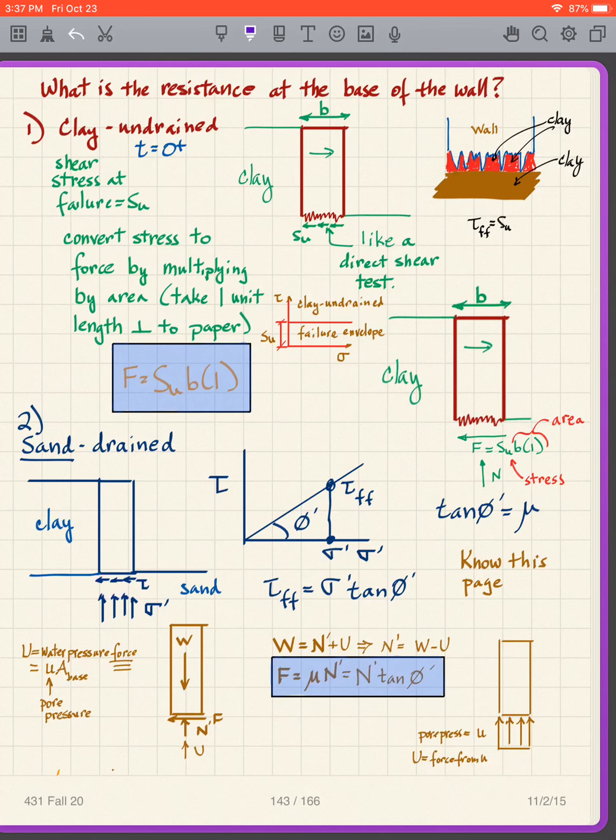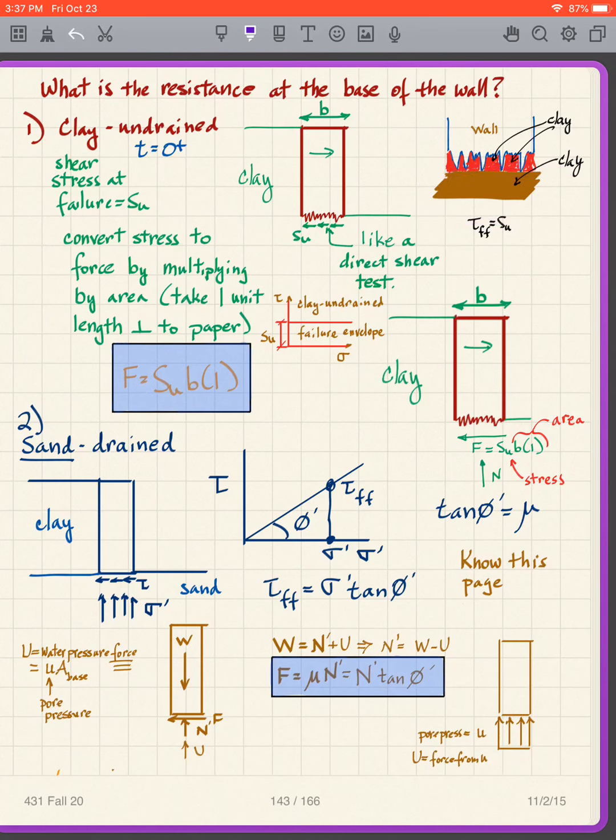And again, for the sake of discussion temporarily, we're going to take that we have a very rough wall, but this time it's going into the sand. In other words, down below, we're going to have sand here. So how do we look at it in that case?